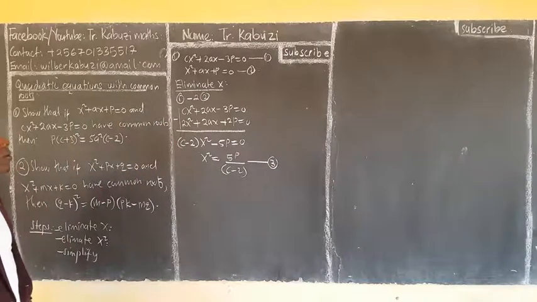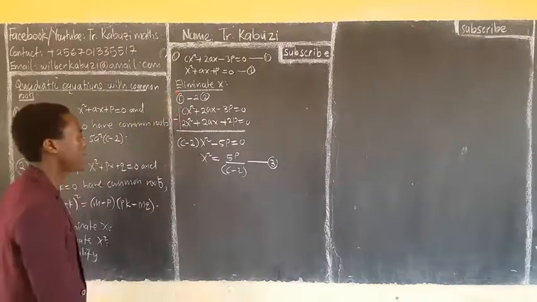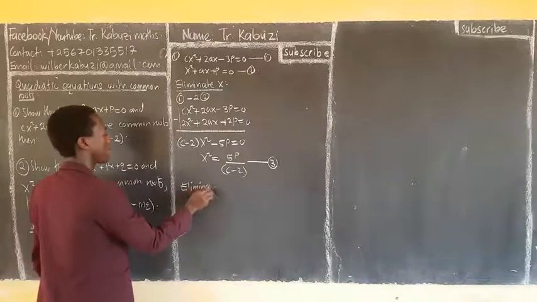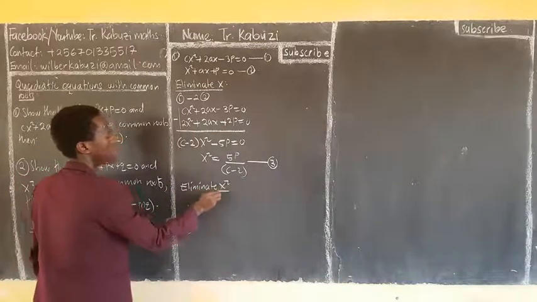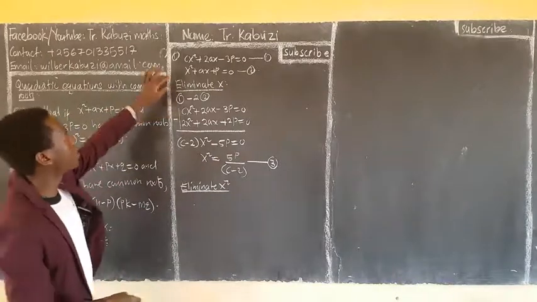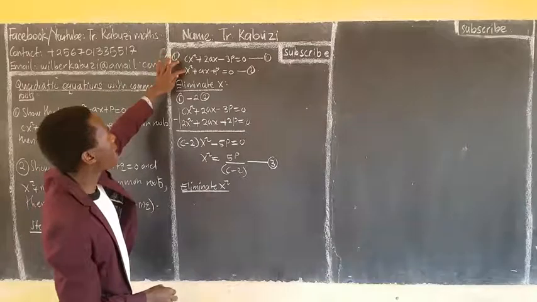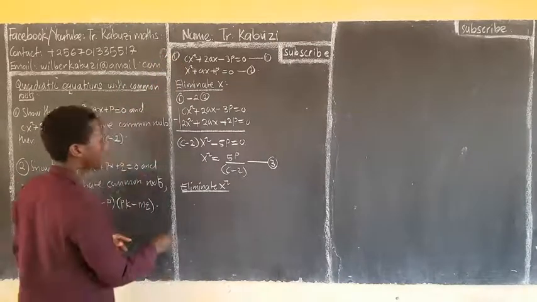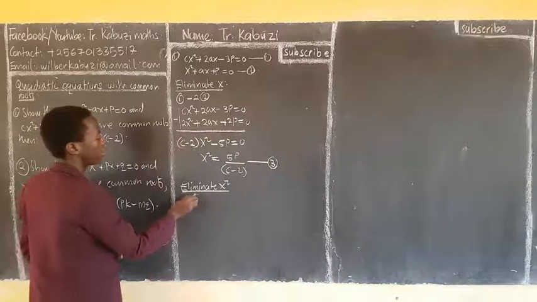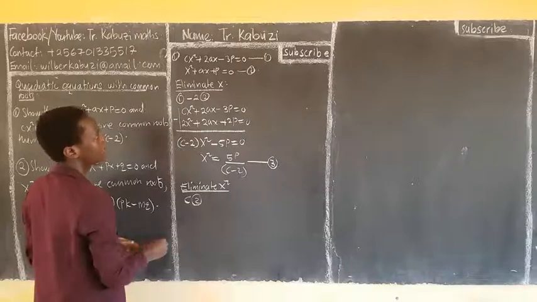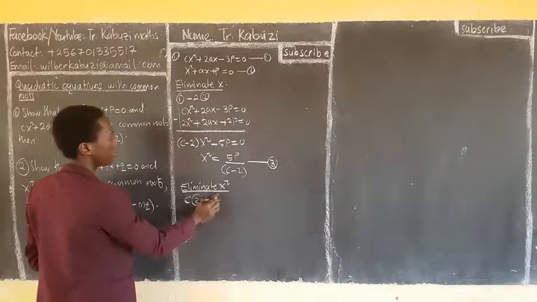The next thing now, we eliminate x squared. How do we eliminate x squared? The idea is that I need to multiply here by c. So, I'm going to say c in equation 2, then we subtract equation 1.